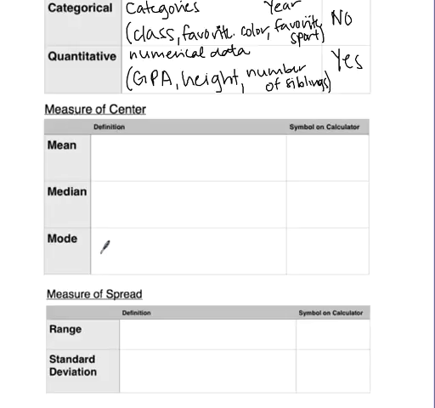So we have three different ways that we measure the center of our data. One way is by the mean. You are probably more familiar with calling it the average. The symbol on the calculator for mean would be what we call X bar. Median is going to be the middle value.